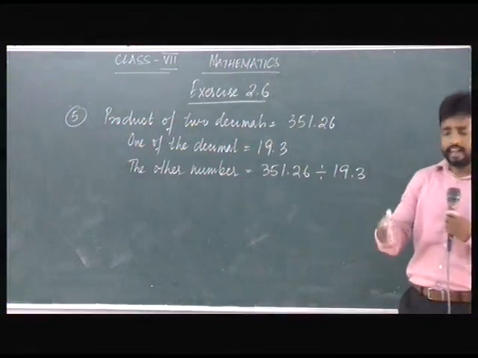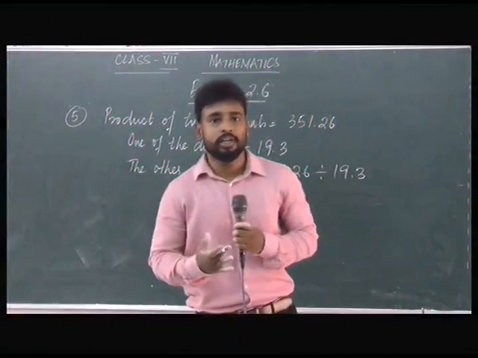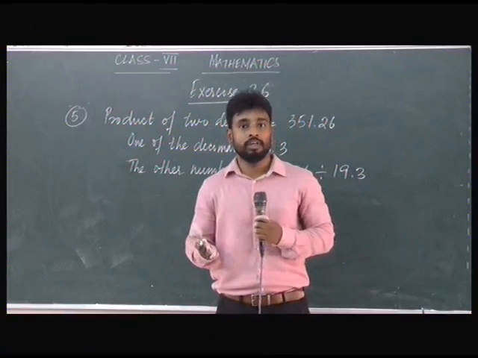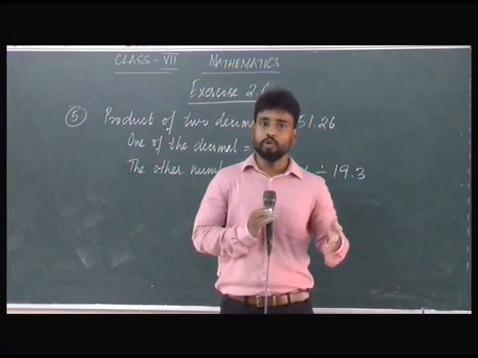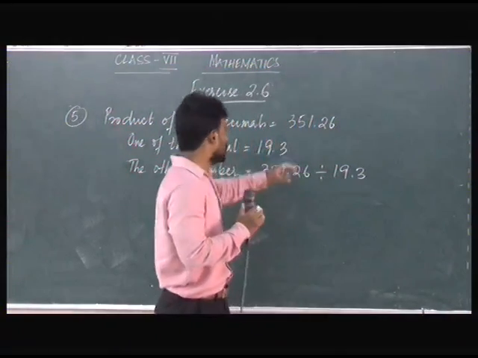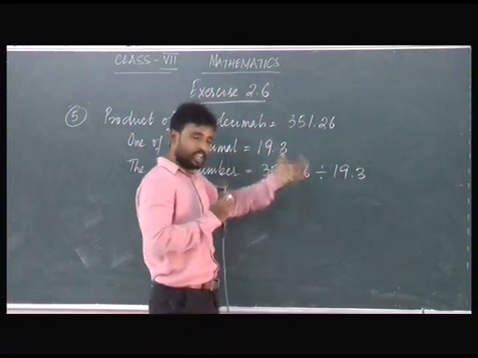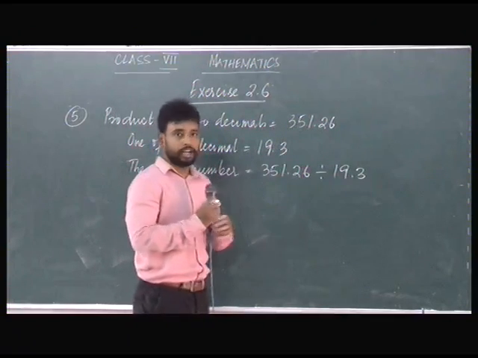For example, suppose the product of two numbers is 10. One of the numbers is 5. How will you find the other number? It will be 10 divided by 5, that is 2, because 5 into 2 gives you 10. Similarly, the product of the two numbers is given, one number is this, so the other number will be 351.26 divided by 19.3.